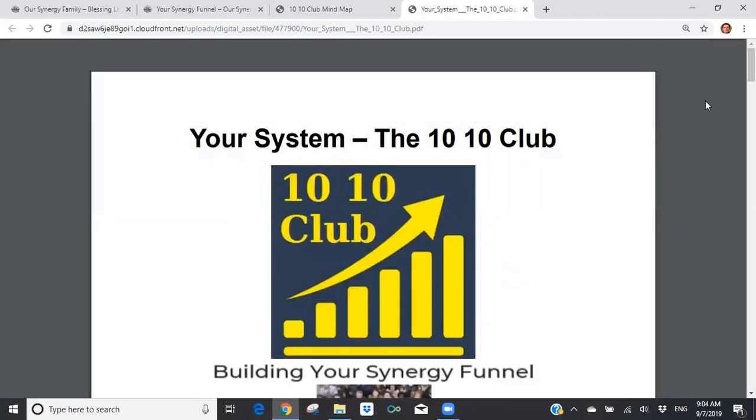So not only are they helping the people who get on the product benefit physically through the products, but they're also helping create for their new distributors cash flow through customers. And so the 10-10 Club is modeled off of that concept of customers creating cash flow and teaching your distributors that you've personally sponsored to get their customers to create cash flow for their Synergy business, which then creates residual income, or the potential for residual income, in your Synergy organization.